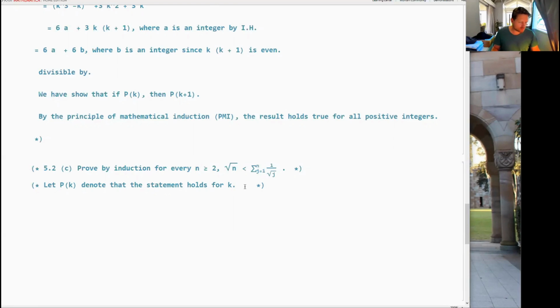Okay, so we've got our notation now. What we want to do first is evaluate this for the first case. On the right-hand side, what we have is this sum up to 2, because that would be the first one, right? Now let's just evaluate the sum.